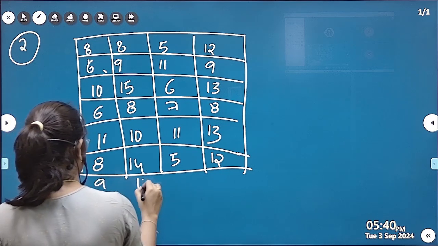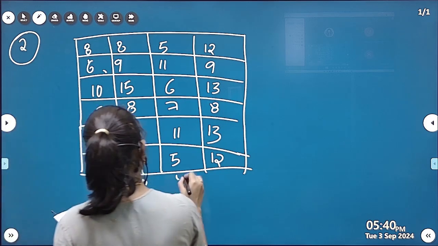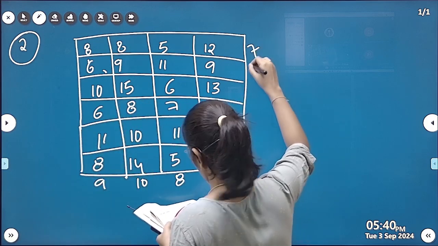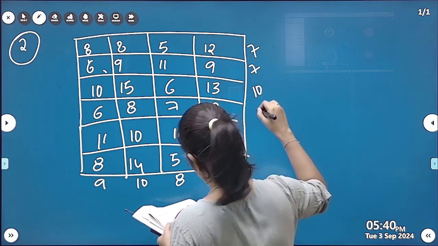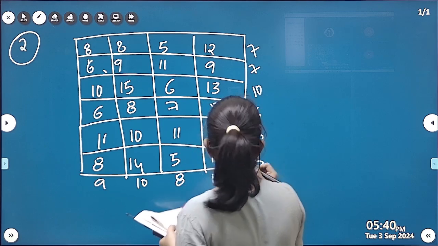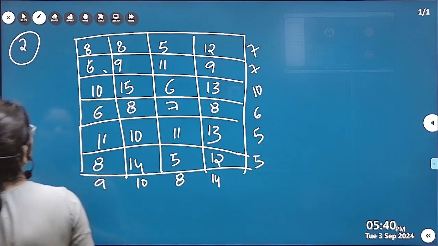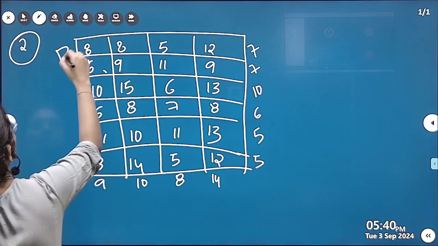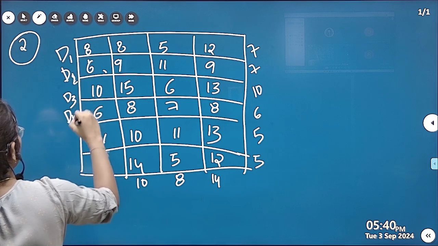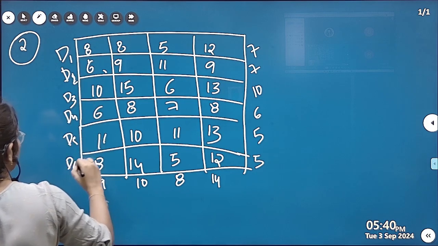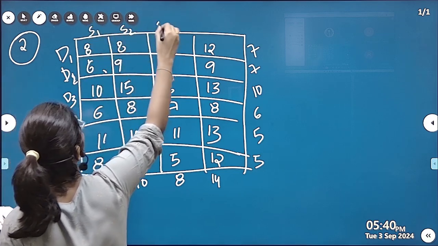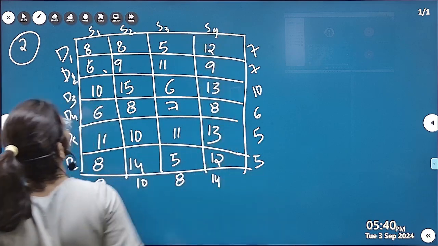This is 9 and 10 and this is 8, 14 and this is 7. Okay. So like this is demand D1, D2, D3, D4, D5 and D6, and this is supply S1, S2, S3 and S4.